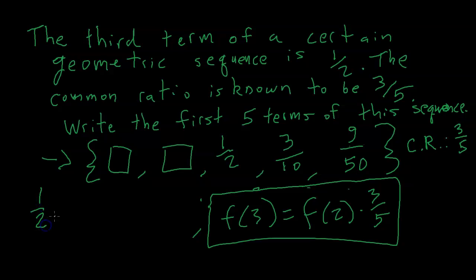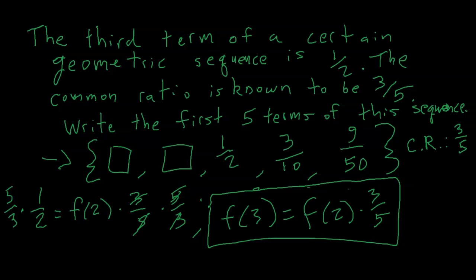So 1/2 equals our second term times 3/5. It looks like this isn't going to be too hard to solve. How can we get rid of that factor 3/5? We're going to multiply both sides by 5/3. That cancels out the factor on this side.